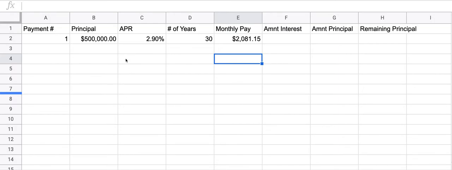Alright, so the first thing I wanted to explain to you is exactly what's going on here. An amortization table shows a couple of different things.